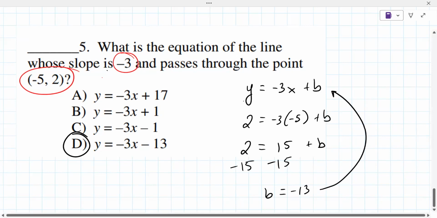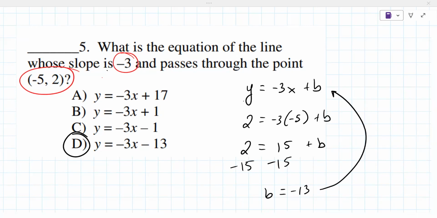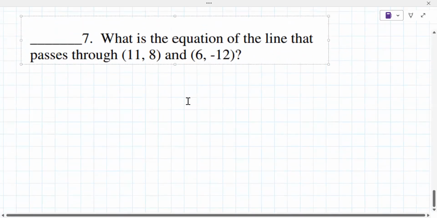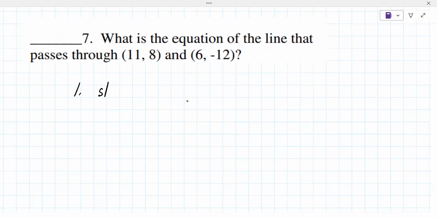Okay. So let's have you do another one here. It's kind of a review of what we've been doing. I'm going to help you step through it. So what I want you to do first is determine the slope.